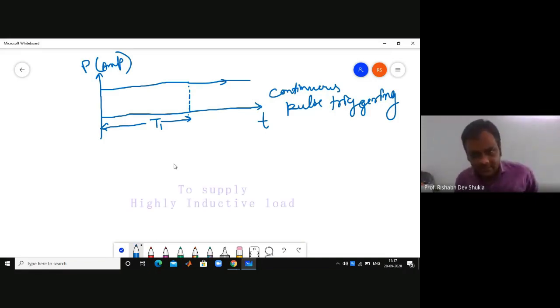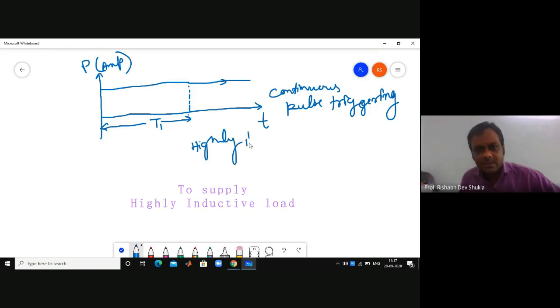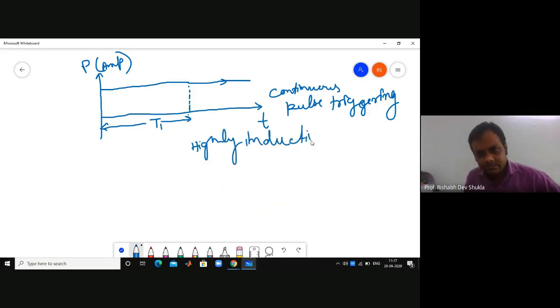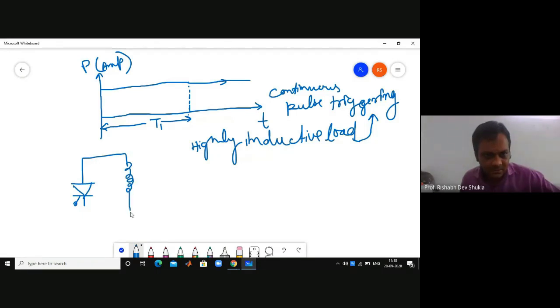What is the application of this kind of pulse triggering? Continuous pulse triggering is used when the SCR is going to feed a highly inductive load L. There will be a small resistance also, but the load is highly inductive in nature.